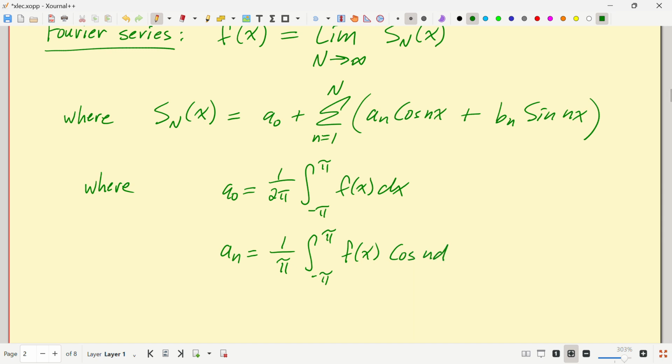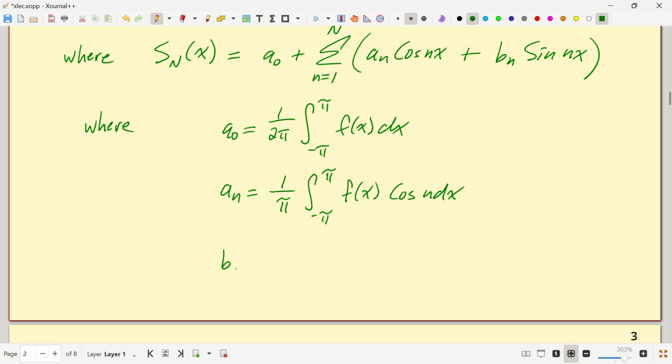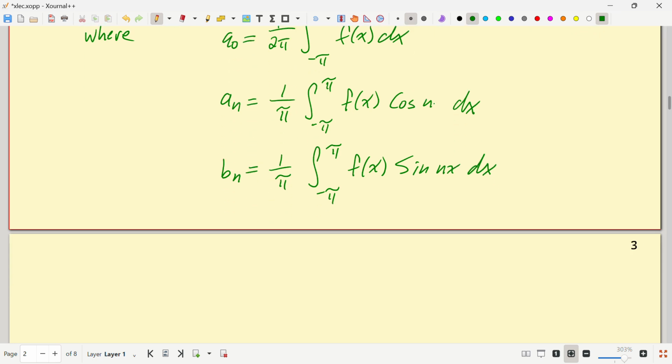The reason these formulas make sense is because of the orthogonality property that I mentioned on the first day of class. So Johann Bernoulli was able to figure out these formulas well before Fourier studied them. Okay, that's cool.